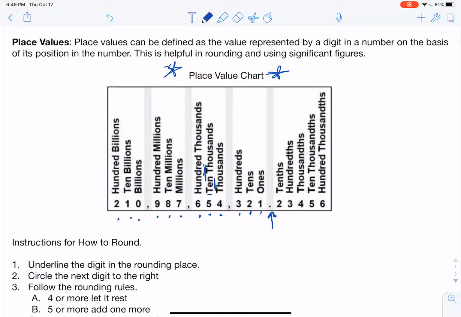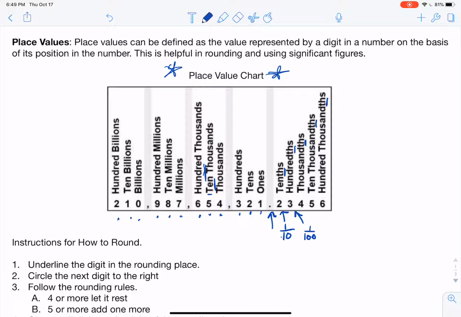There isn't a "oneths" value. That's because the tenths place is basically 1 over 10 if you were to write it as a decimal. And the hundredths would be like 1 over 100 if you were to write that as a decimal. So what's key about this is the TH at the end. That signals to you that it is going to be a decimal place value.